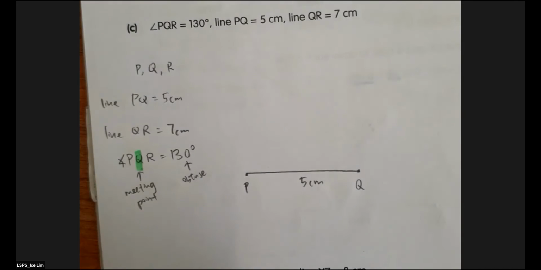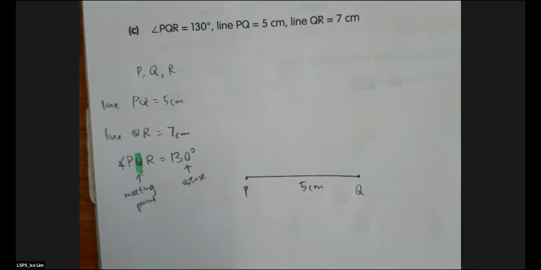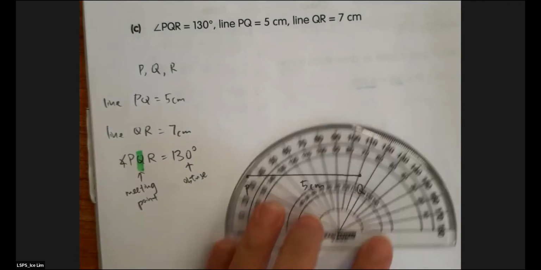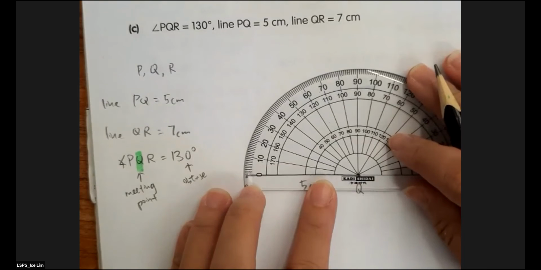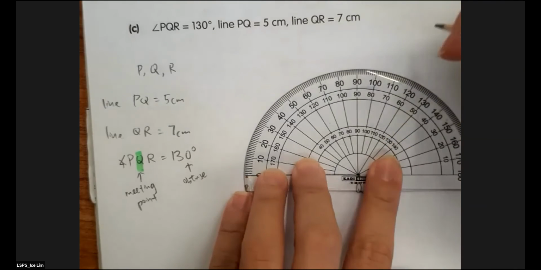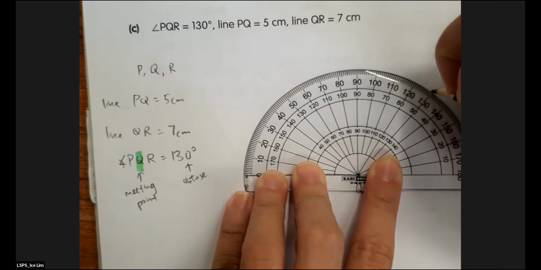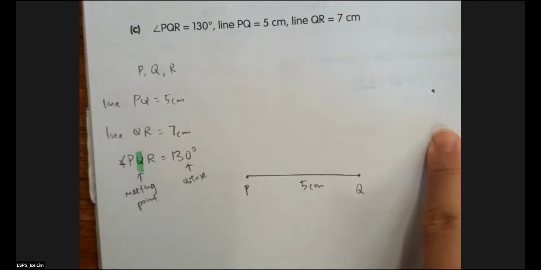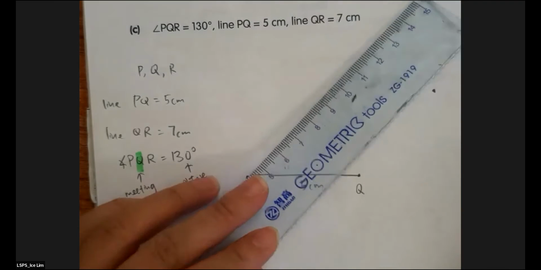You cannot have heavy lines, okay, or zigzag, jagged lines, okay. Then measure PQ meeting point Q. 130. Mark the point, but this is not the correct point yet because you don't know the measurement.